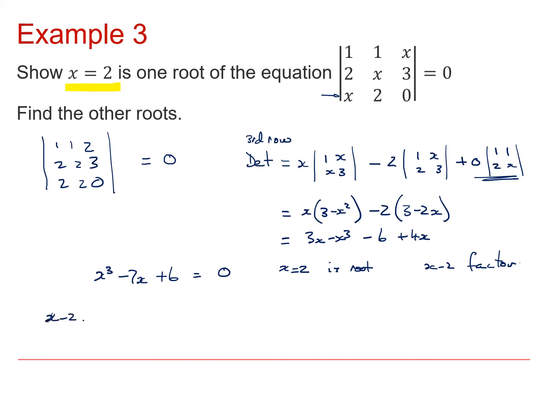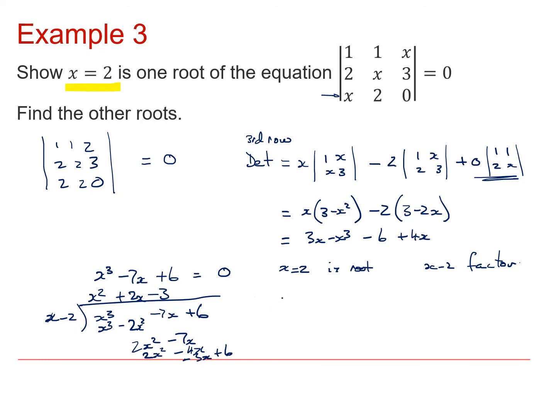If we do that division, that's going to give me x squared, and I'll get x cubed minus 2x squared, and that'll give me 2x squared coming out here, minus 7x. So that will give me plus 2x, which is 2x squared minus 4x, which gives me minus 3x plus 6 when I take it away, and that just gives me minus 3.